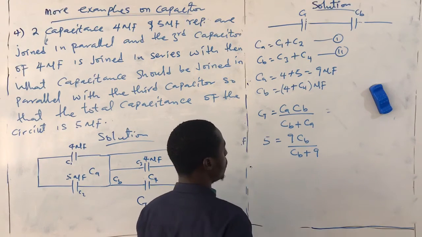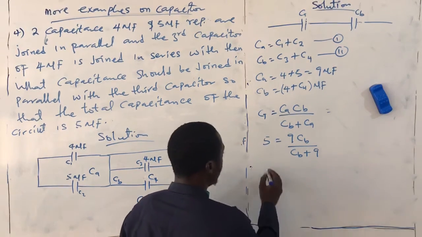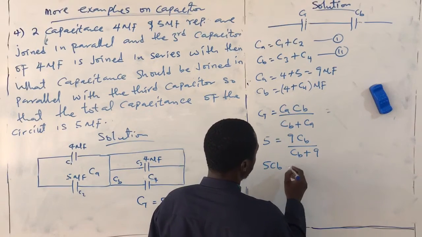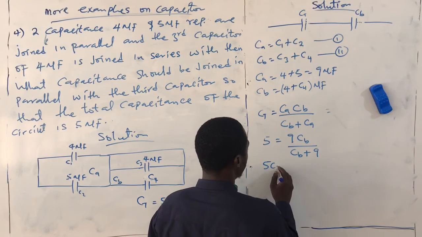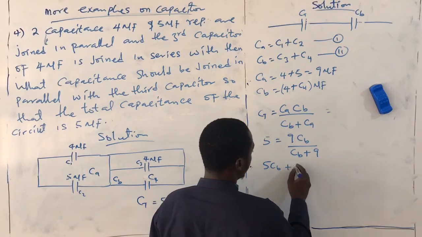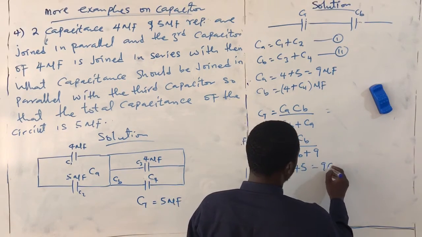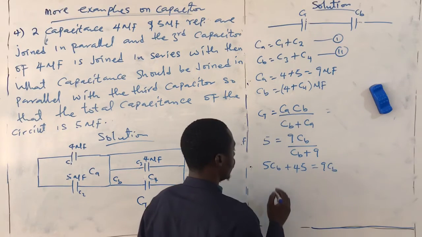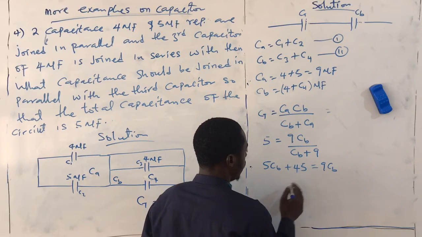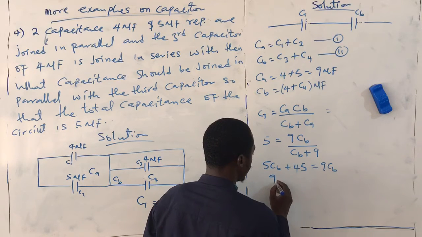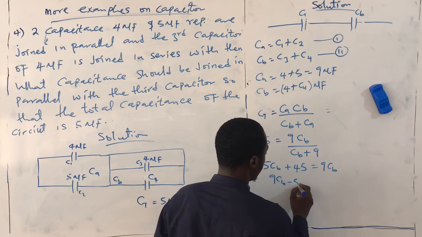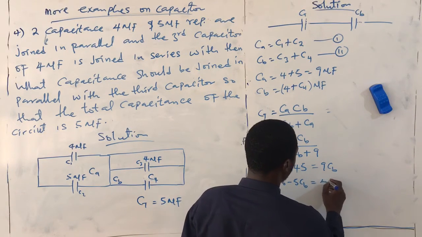So if I cross multiply here, I'm going to have 5 CB plus 5 times 9, which is 45, equal to 9 CB. If I take this one to this side, I'm going to have 9 CB minus 5 CB equal to 45.